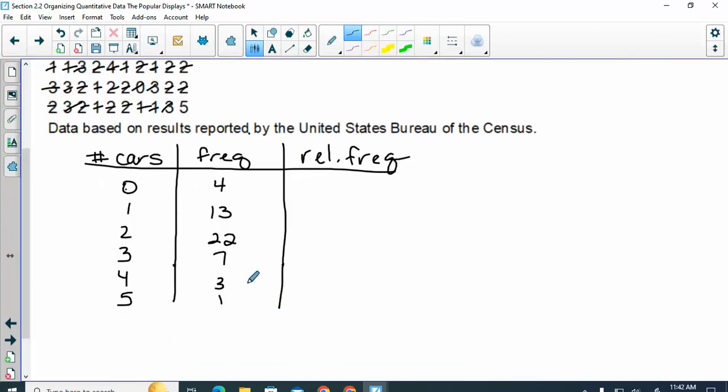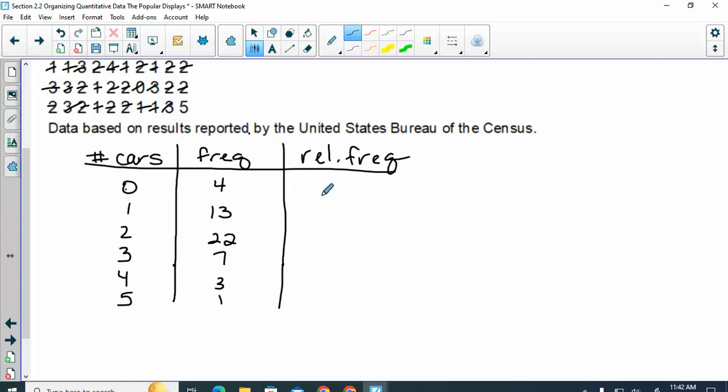All right, how do we get the relative frequency? These should add up to 50. So if you want to check if we didn't miss any. Yeah, adds up to 50. So we just divide those by 50.